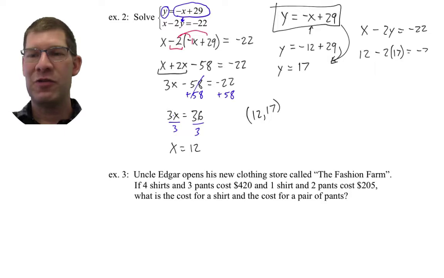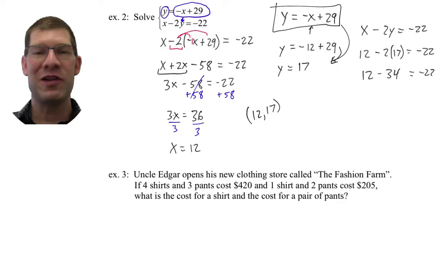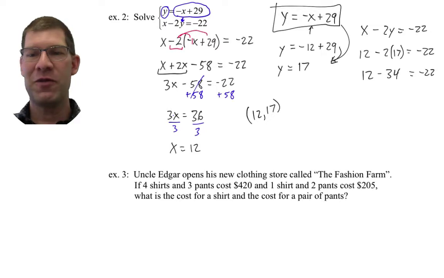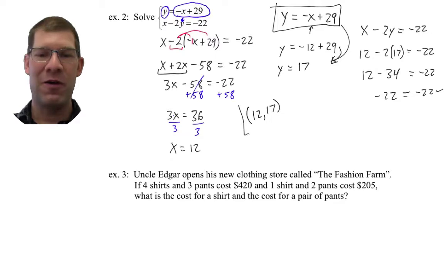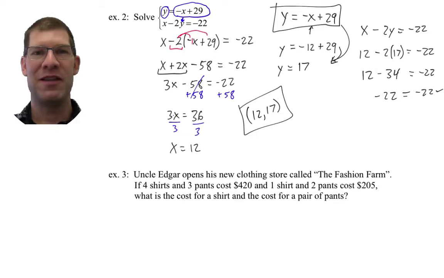Equals negative 22. So I get a 12 minus 34 equals negative 22. Trying to show one step at a time so I can get full credit for checking this. 12 minus 34 is going to give me a negative, and sure enough it's a negative 22. So once we have that, a little check mark by it, yep, it works. So we know then we found the correct answer right there.